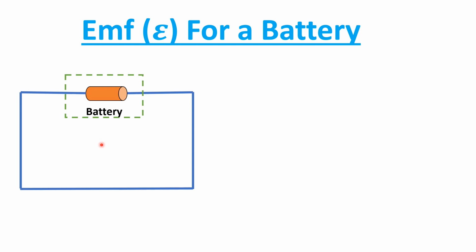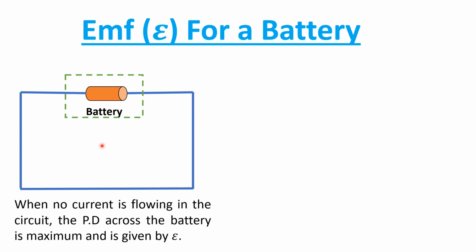This potential difference is called the EMF of the battery. So the EMF is the maximum potential difference across a battery when no current flows through it. When no current is flowing in the circuit, the potential difference across the battery is maximum and is given by epsilon.